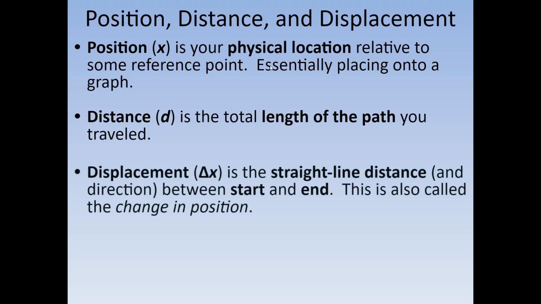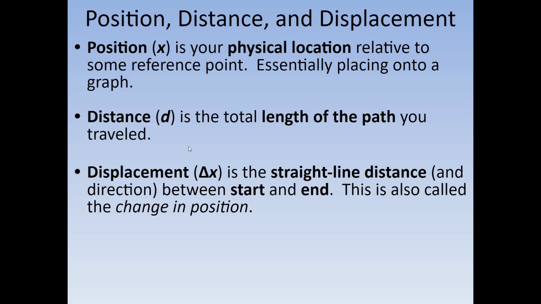Distance and displacement are both concepts of how you end up moving. So position is just where you are. Distance and displacement is how you go between two different positions. Distance, which is very commonly represented as the symbol d, represents the total length of the path you travel.